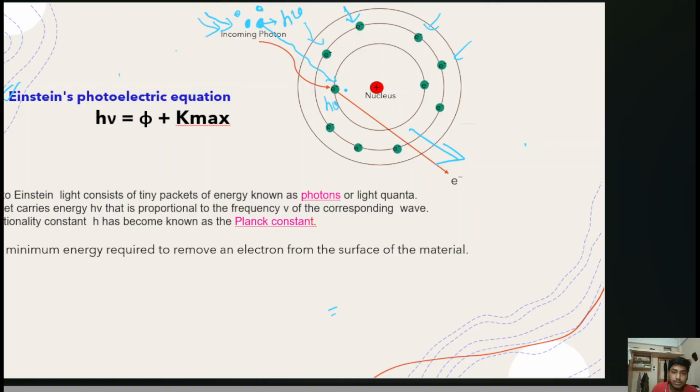From this we have explained one experimental observation: a photon is incident on the electron, and if the electron gets enough energy, it will be ejected. So it is an instantaneous process.